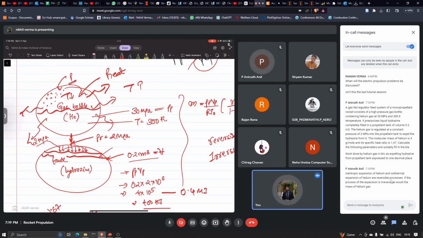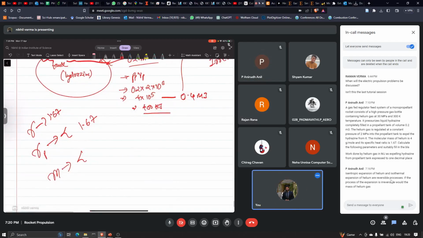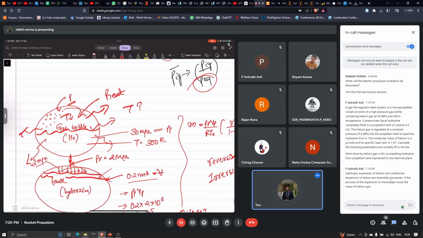Therefore the amount of helium required will be less. You can look into this in this way, or look into it as a physical process, that is also fine. Any other doubt?